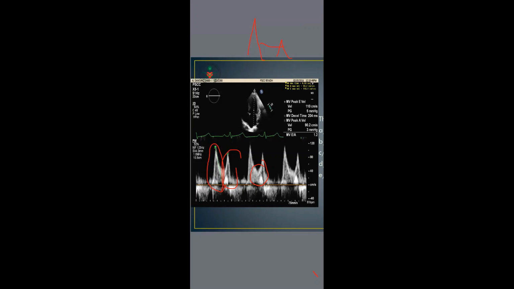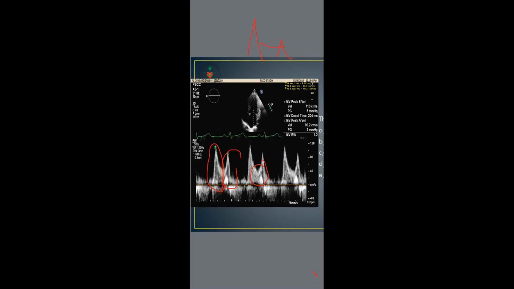I will take the first, which is diastolic dysfunction. In diastolic dysfunction, why do we have mid-diastolic flow? Because in diastolic dysfunction, when the left atrial pressure is high, it will be high in the three phases: early, mid, and late.